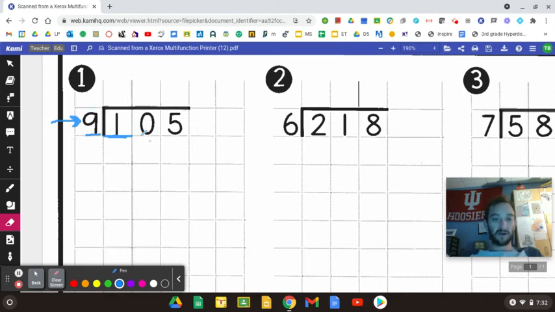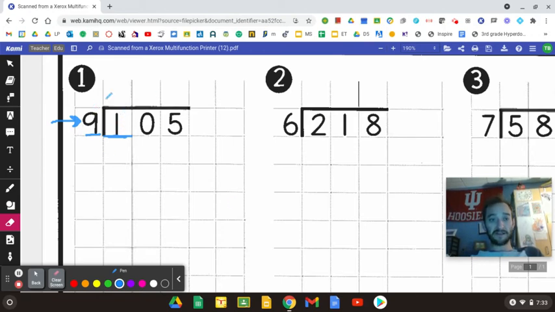This 1 is not just a 1, it actually stands for 100. Can I split up 100 equally into 9? No. In order to do that equally, that would have to at least be a 9. If that was 900, then yes, we can make 9 groups of 100. But now we have to do something different.